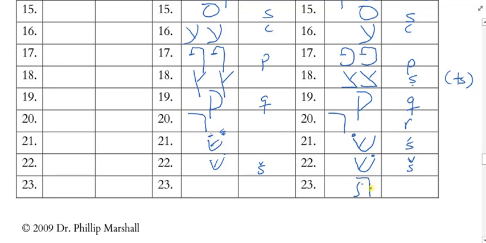Sometimes I do when I'm writing fast, but I often do try to leave just a little space there. So over, down, come back up, and a little curvy down and a foot on the bottom. And this is a simple T with nothing underneath it. That's the tav. And it is a T sound. T. All right. So there are your consonants and how to write them and how to transliterate them.